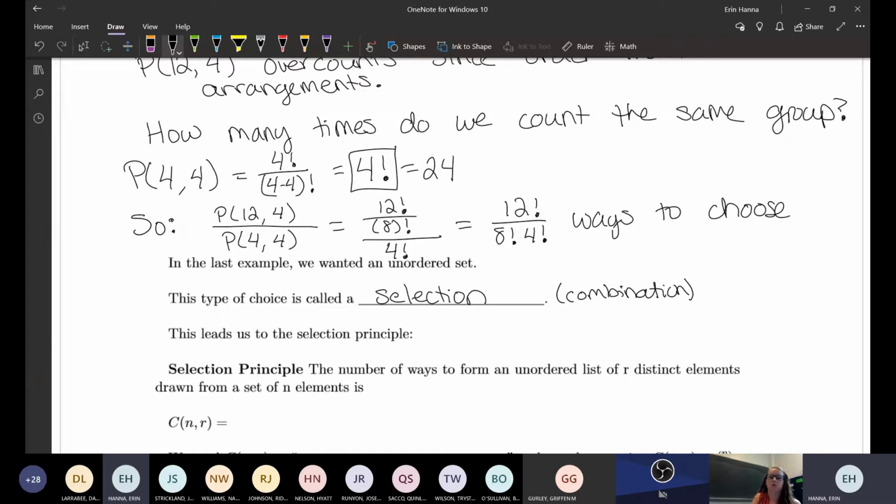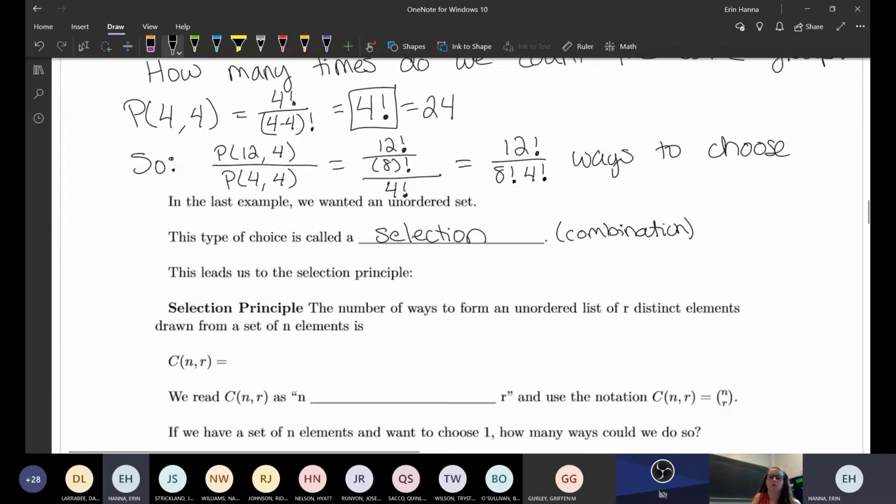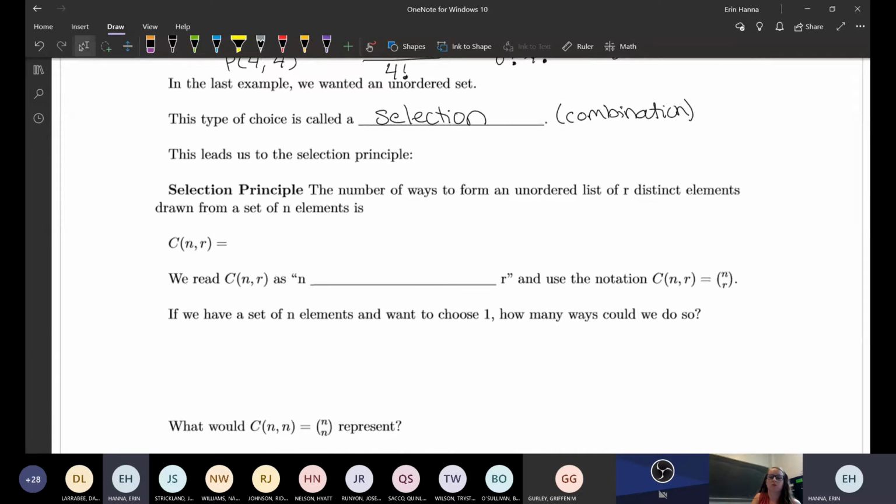I'll try to use selection, but if I say combination, this is what I'm talking about. It's called a selection because an arrangement makes sense since you arrange people in a certain order, but here you're just selecting people in an unordered way. So this leads to the selection principle.